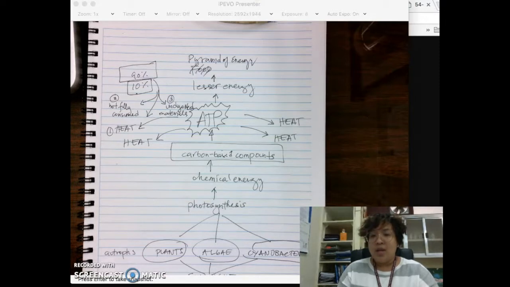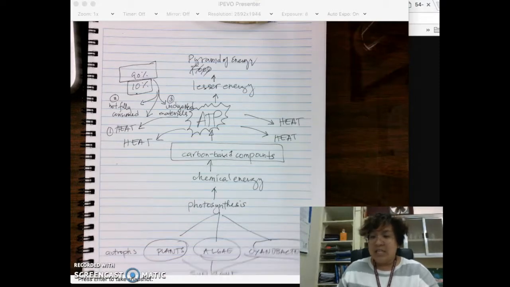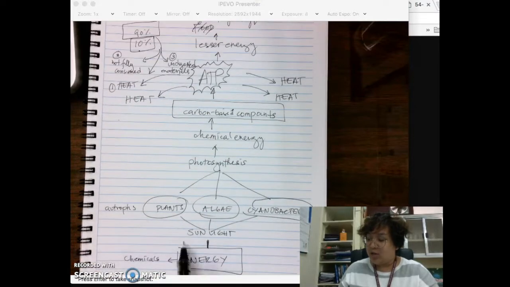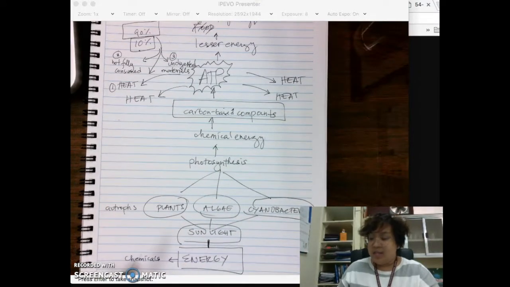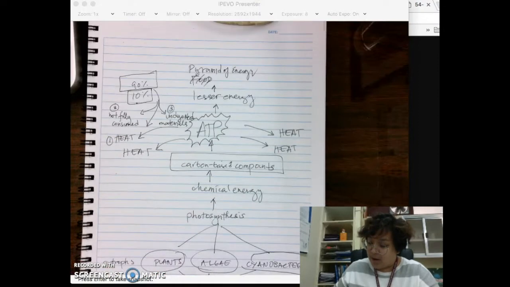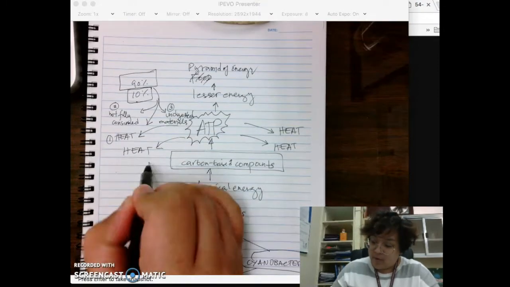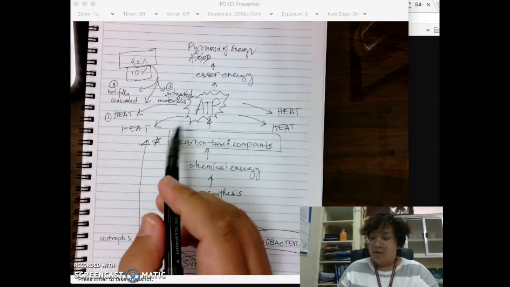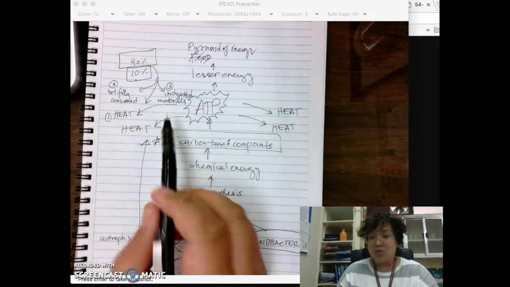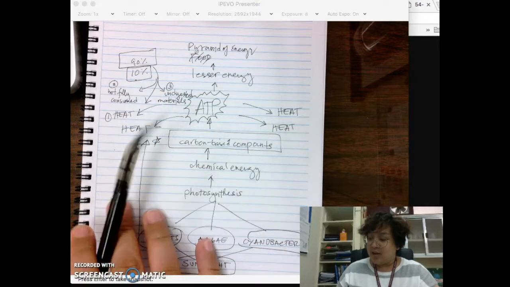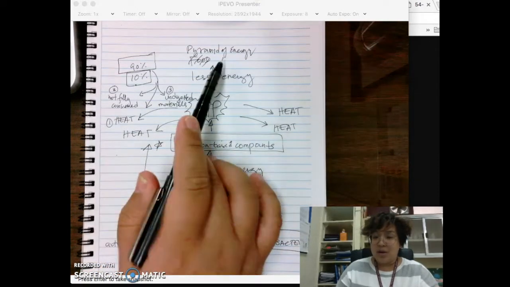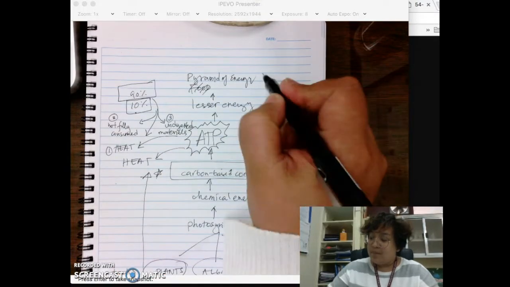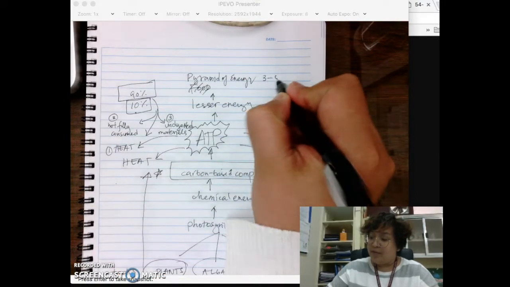Conclusion here. Ecosystems can be sustainable because we have a constant supply and source of energy. This energy can be transformed, made available for organisms. However, because from one organism to the next, we're losing that energy, our pyramid of energy will limit your trophic levels to between 3 to 5.